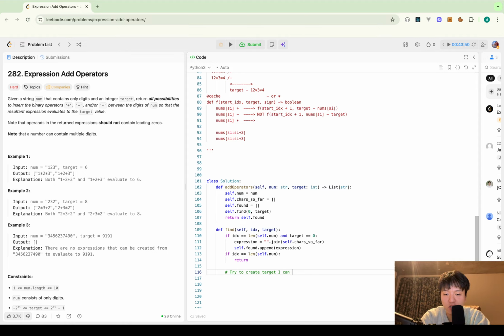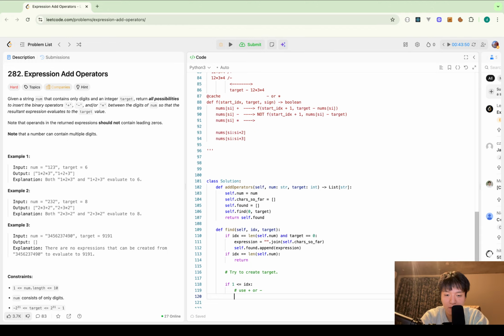And I can choose to take negative first, actually. So what I mean to say is, if index is larger than 1, I can use plus or negative.